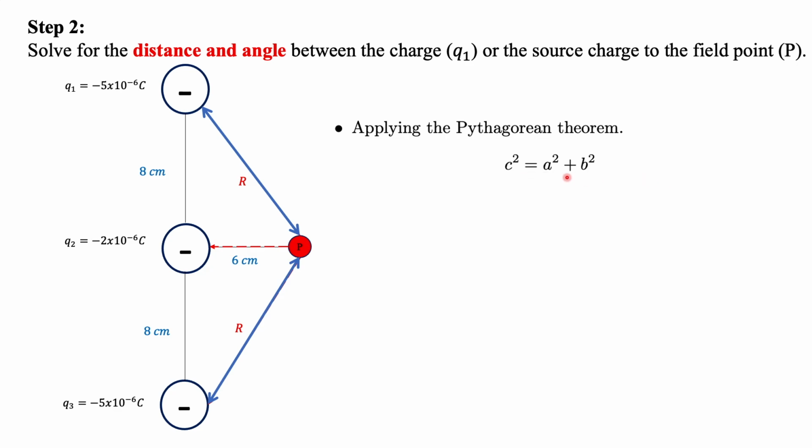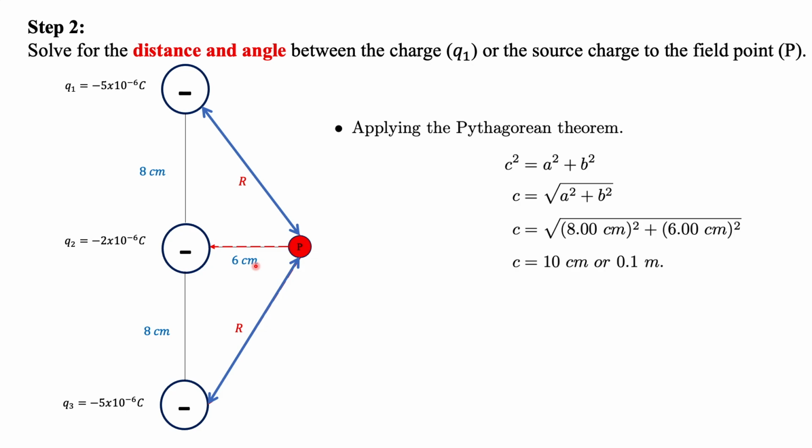So I can rewrite this as c is equal to the square root of a squared plus b squared, where a squared is the 8 centimeters leg and b squared is the 6 centimeters leg squared. After substituting the values, you get c is just 10 centimeters or 0.1 meters.